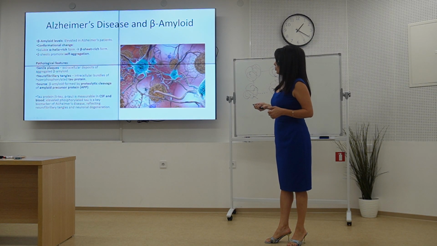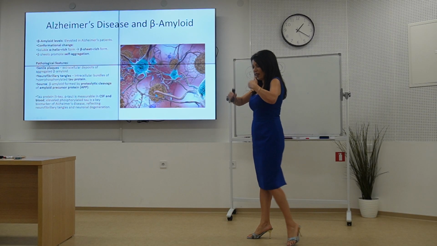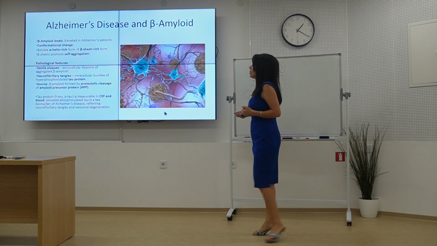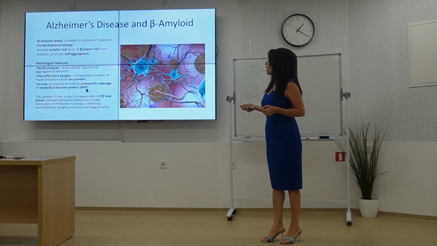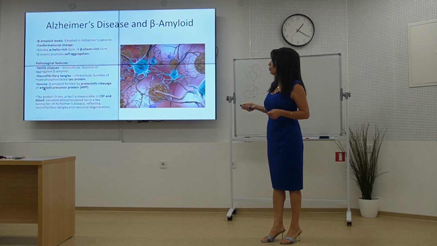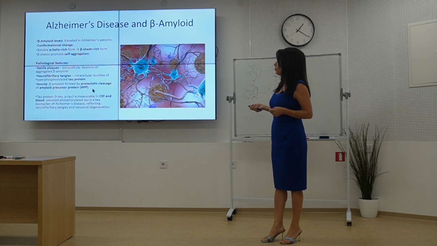Actually, why is there a possibility of this self-aggregation of beta amyloid? Because there is impairment of the process of cleavage of one precursor protein, which is called amyloid precursor protein, APP.